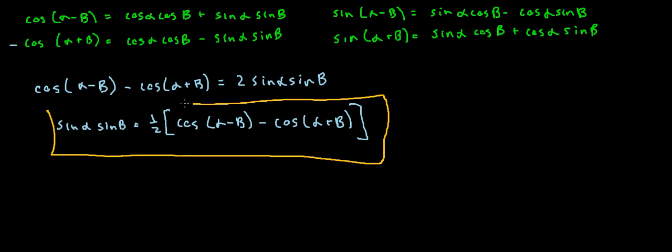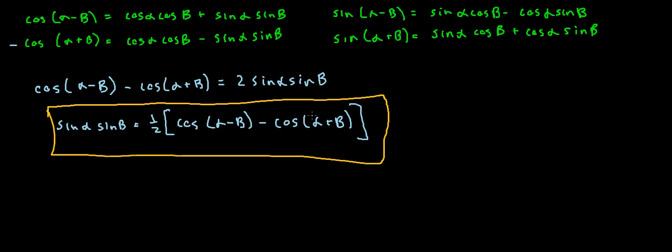And this is the product to sum formula for sine. I have a product of two different sines, sine alpha, sine beta, and this formula converts this product into a sum. So if this was, I don't know, 10 and this was 5, then this is 10 minus 5, 5, 10 plus 5, that's 15.